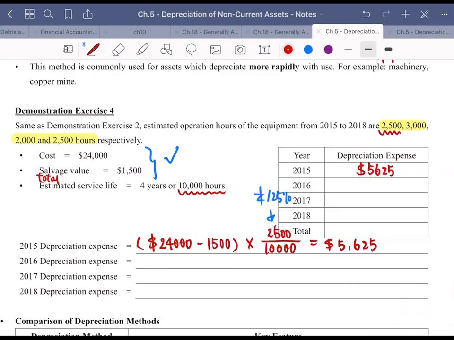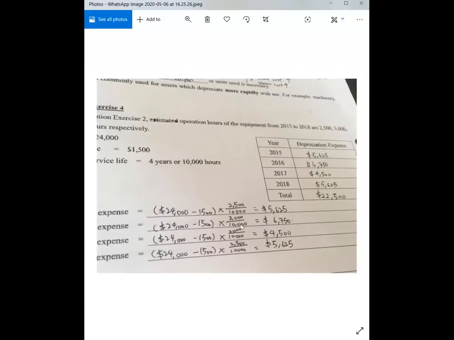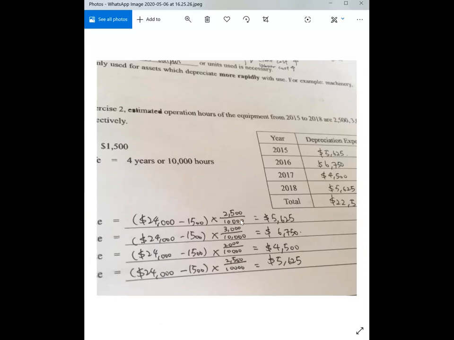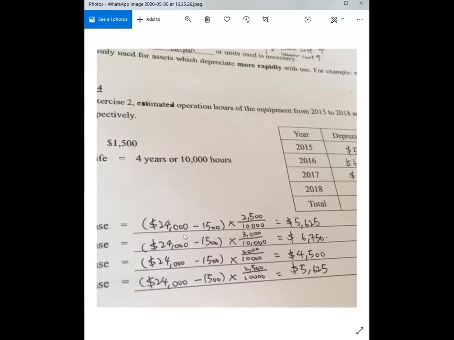You can see that he calculated the 4 years depreciation expenses using the cost minus the salvage value and multiplied by the ratio between the estimated operation hours in each year and the total estimated useful life.